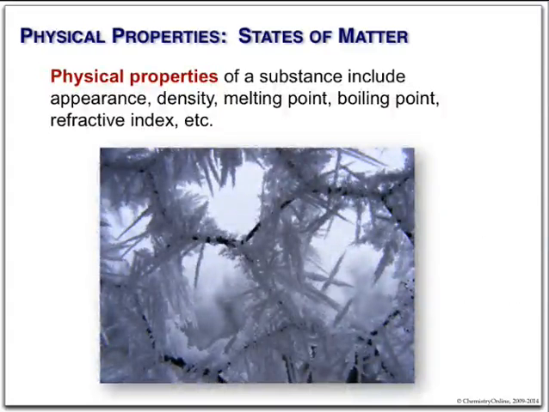We're going to define substances as having properties. There are two classes: chemical properties and physical properties. Physical properties are basically what something looks like, what it tastes like, what it smells like, if it's shiny. That's a simple physical property.